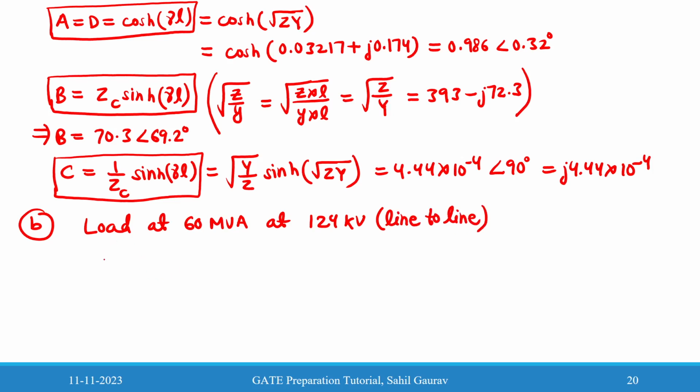Therefore, the load current IR will be 60, keeping it in MVA, divided by root 3 into 124. So it will be coming as 279.36 kilo ampere.